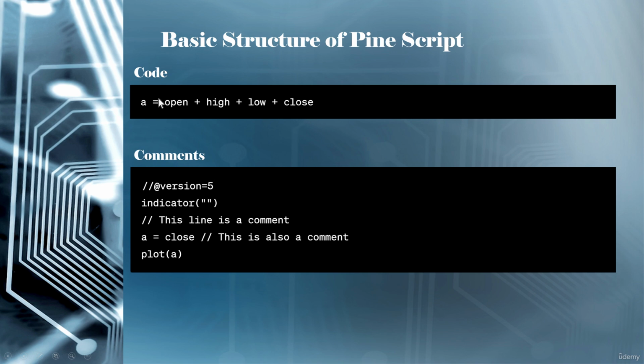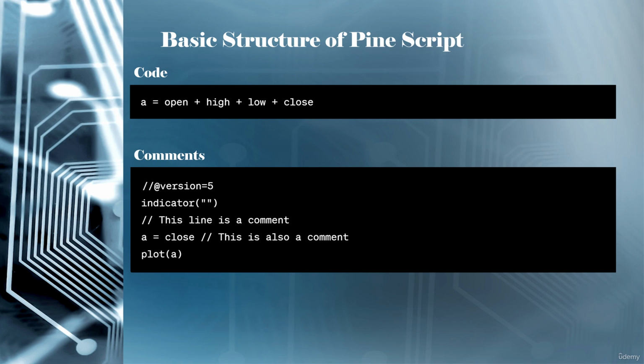For example, in this line, we set to the variable a the result of the sum of open, high, low, and close. Statements can be organized in different ways, with some expressed in one line or wrapped across multiple lines.